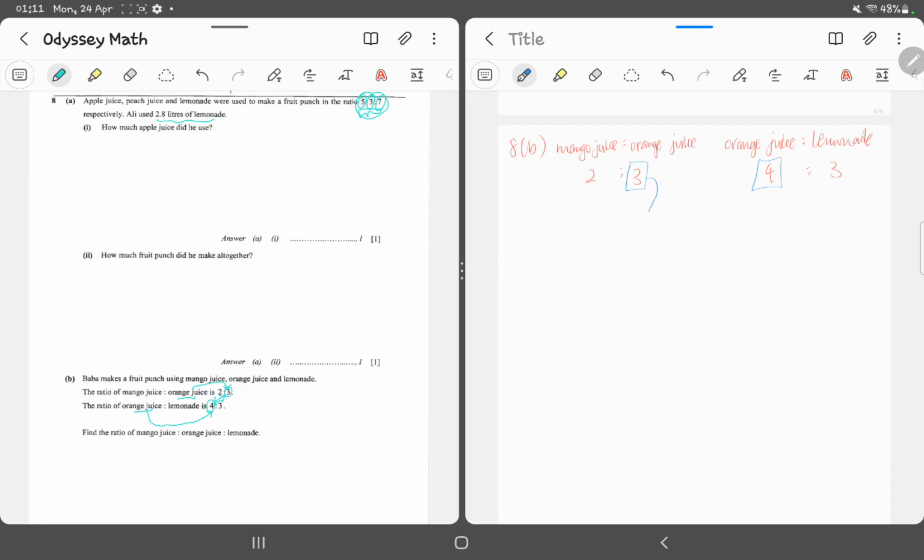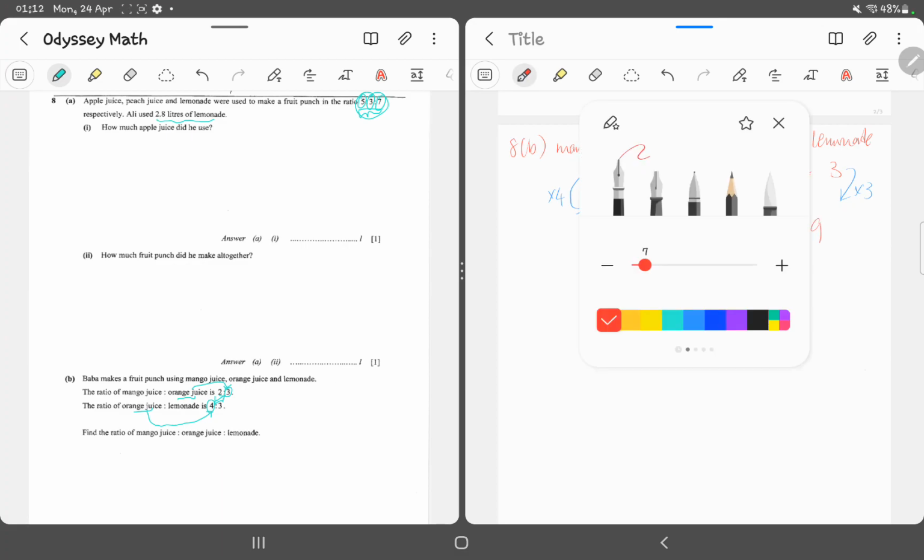Okay, so what I'm going to do over here is I'm going to times 4 over here, which means here I also must times 4, and here I will times 3. So here I also times 3. Okay, so that actually gives me 2 times 4 is 8, and 3 times 4 is 12. And here 4 times 3 is 12, and 3 times 3 is 9.